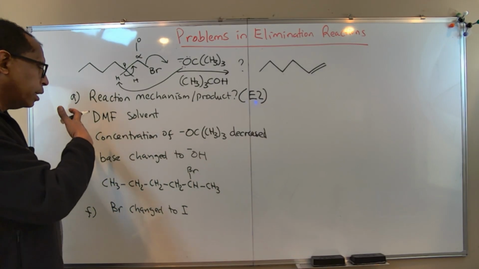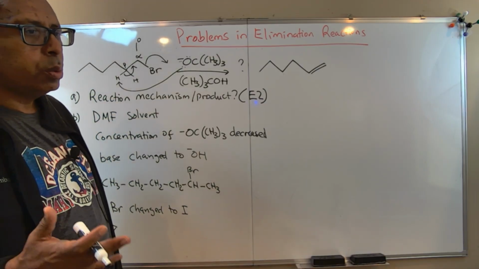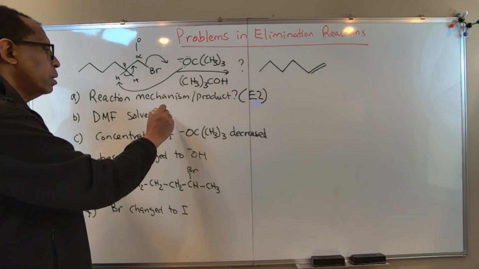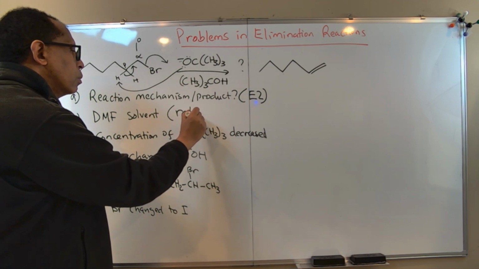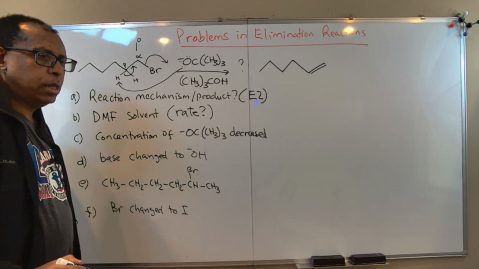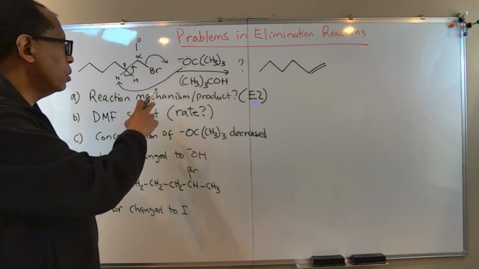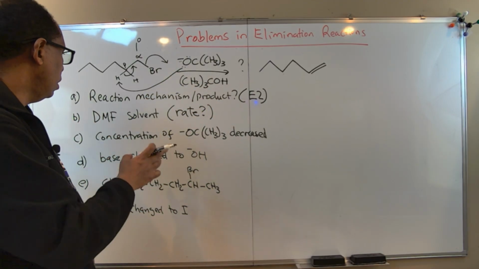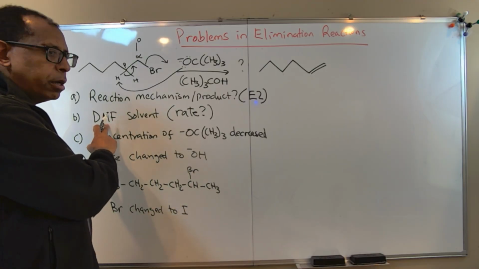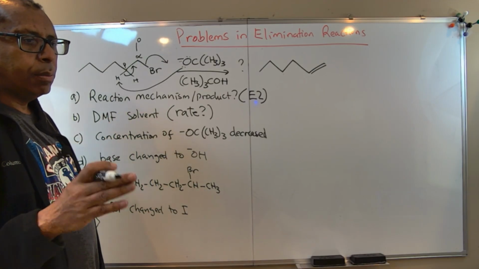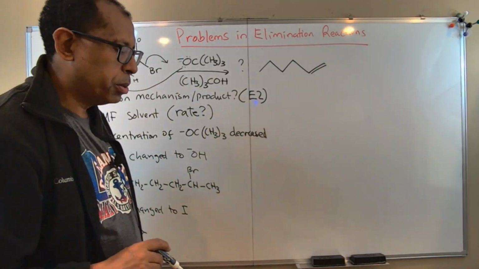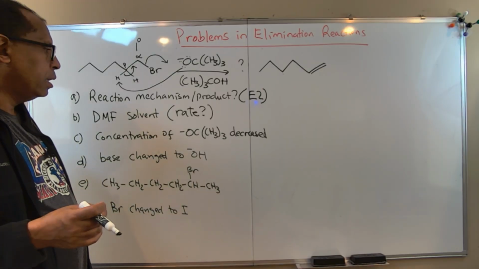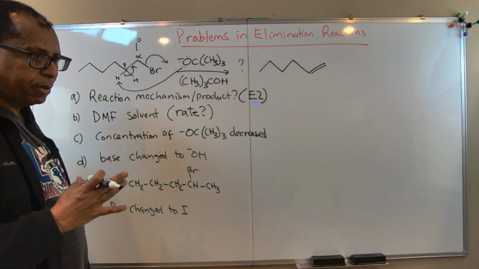So in the second condition, it's asking you what would be the rate. Would the rate increase or decrease if we use, instead of tertiary butanol, which is an alcohol, DMF, which, if you remember from our substitution reaction, is dimethylformamide. Dimethylformamide is not a protic solvent.